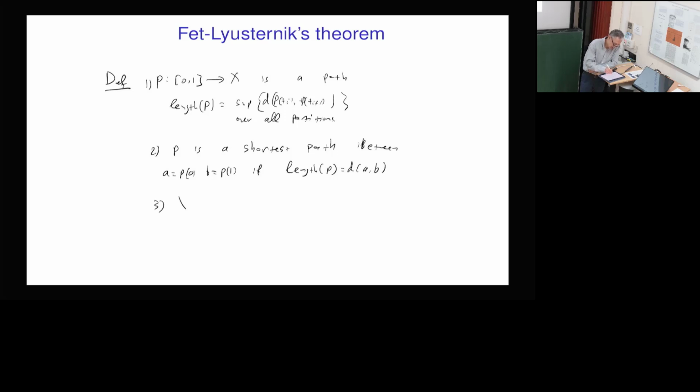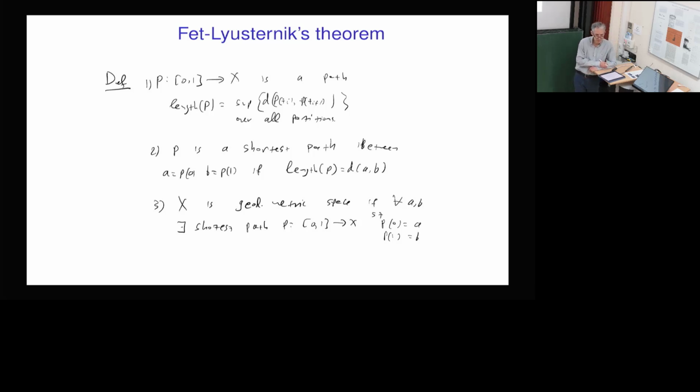And 3, X is a geodesic metric space if for every A, B there exists a shortest path P from [0,1] to X, such that P(0) is A and P(1) is equal to B. Okay? Yeah. For the definition of length, are we supposed to add up over these distances? Oh, sorry, yes. Sorry, yes, sorry.